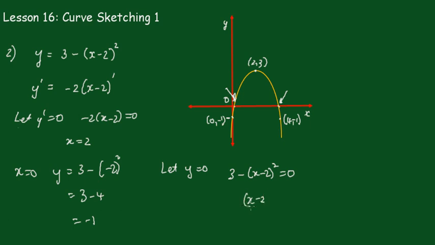That becomes (x minus 2) all squared equals 3, taking this across the other side. And of course, taking the square root, that becomes x minus 2 equals plus or minus the square root of 3. And taking the 2 across, it becomes 2 plus or minus root 3. So this point here was the point 2 plus root 3, and this point here was 2 minus root 3.